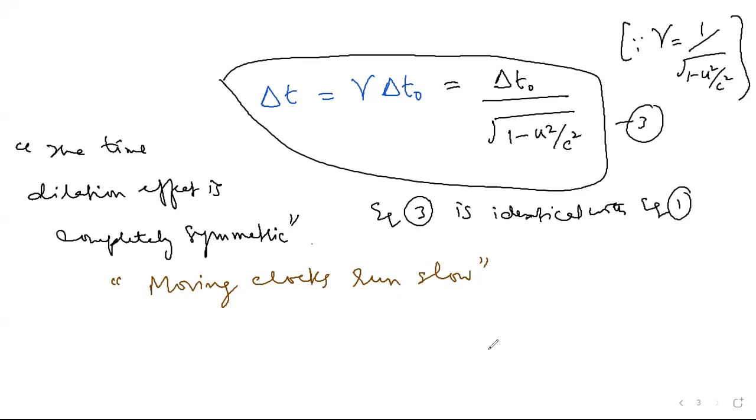The phrase indicates that a clock moving relative to a frame containing an array of synchronized clocks will be found to run slow when timed by those clocks. That is, only in the sense of comparing a single moving clock with two separated synchronized stationary clocks can we declare that moving clocks run slow.